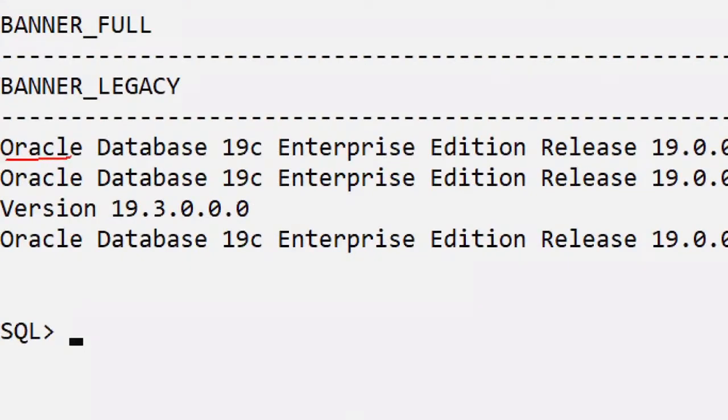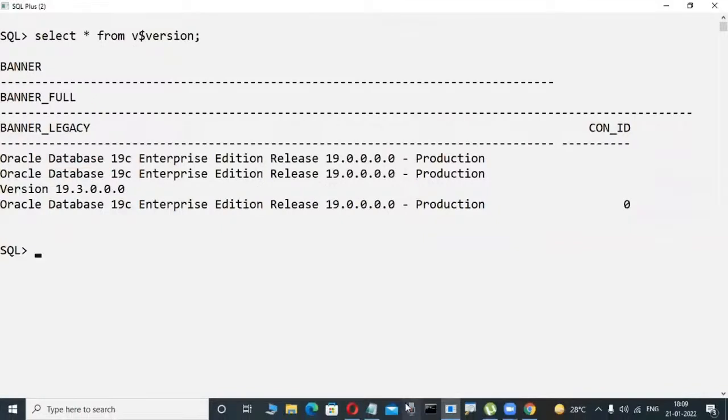Oracle is a product from Oracle Corporation. But what type of product is it? A database product. The version we are learning in our course is 19c, which is a version of this DB product. What is this database?